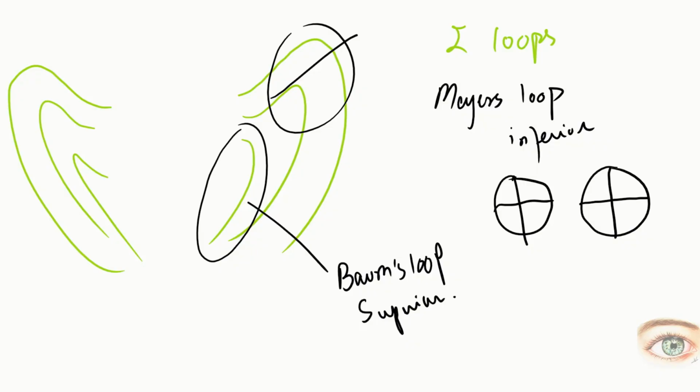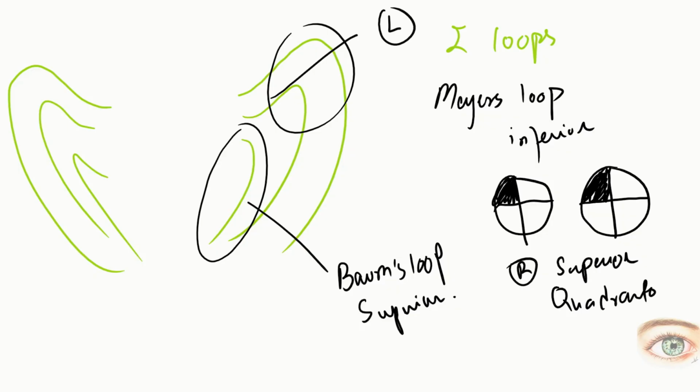And since the left Meyer's loop is damaged, it is going to cause a right superior quadrantanopia. So we are going to document it as right superior quadrantanopia, right?